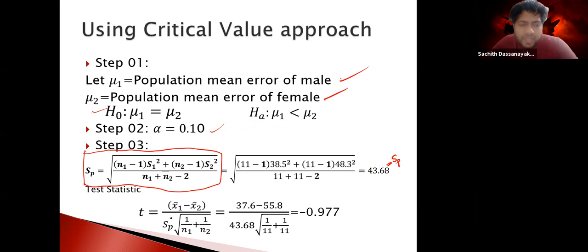Then plug this Sp into your test statistic. Here mu1 equals mu2, so the difference is 0, and there is no mu1 minus mu2 term. Plug all the values into the test statistic equation, then you can find the t-calculated or test statistic value.